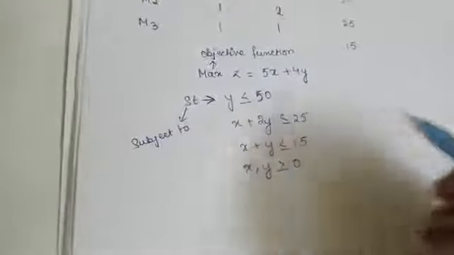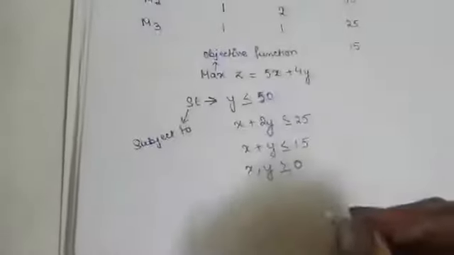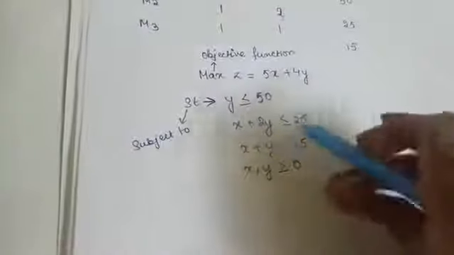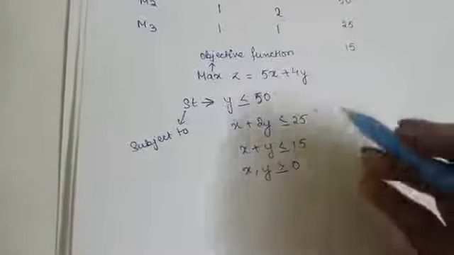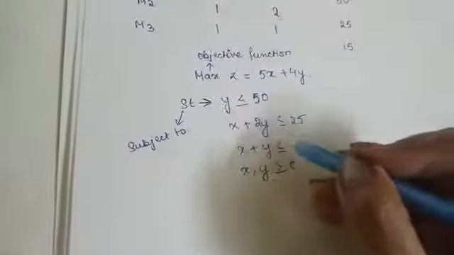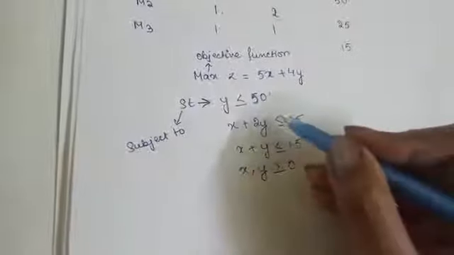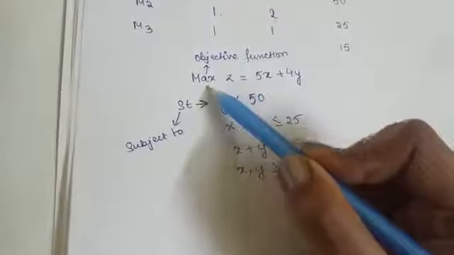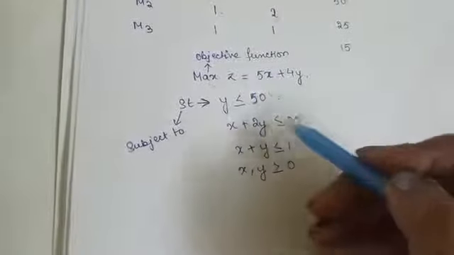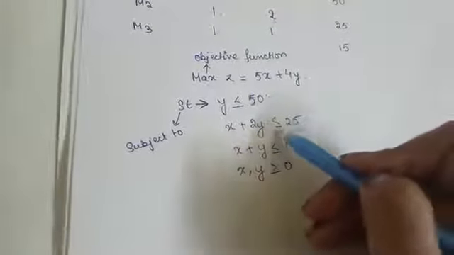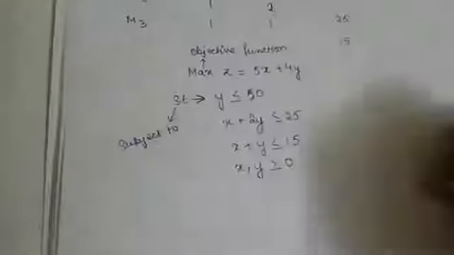Okay, now second step. First, what you need to do is convert the inequalities into equality. Converting means, since the signs are all less than equal to, which matches the criteria of maximization, you don't need to do any plus minus, simply make this equal. Let's do it.